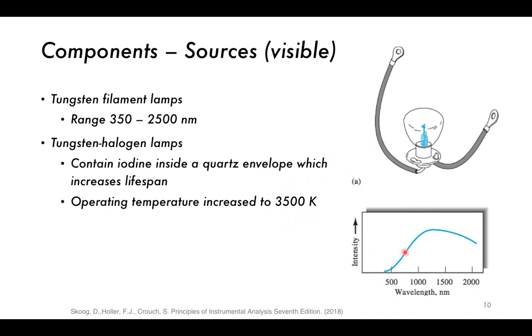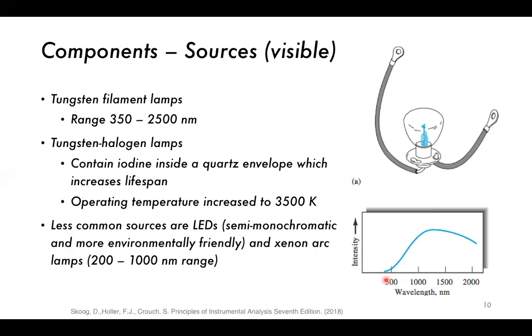And this is one of the wavelength intensity curves which can be obtained from these sorts of lamps. Less common sources are LEDs, which are semi-monochromatic and more environmentally friendly, and xenon arc lamps, which have a range of 200 to 1000 nanometers. Not that commonly, it's really mostly just H2 D2 lamps and tungsten filament lamps, even until now.